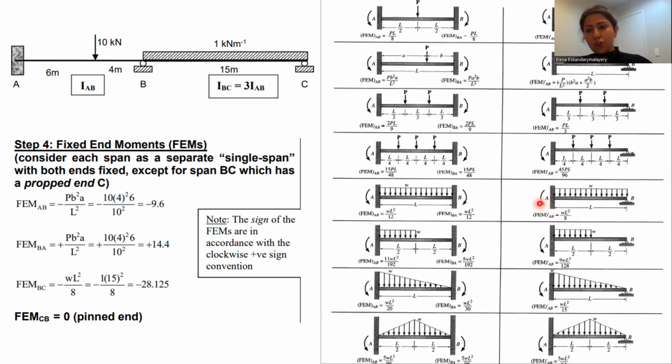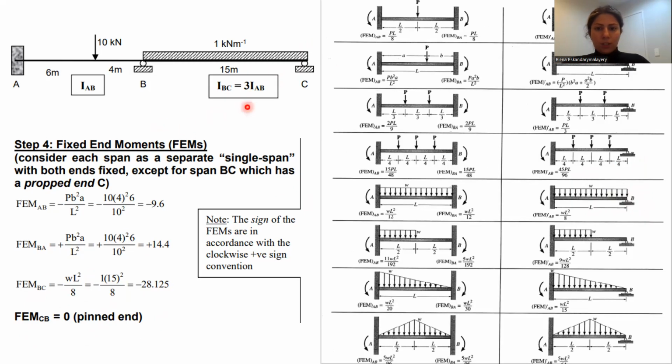So we need to change the direction and consider minus in front of the value. That would be minus WL squared over 8, which is minus 28.125. And the fixed end moment at C, because it is a roller, is 0. Again, in the table we can see there is no bending moment applied at a roller, because a roller cannot carry any bending moment.